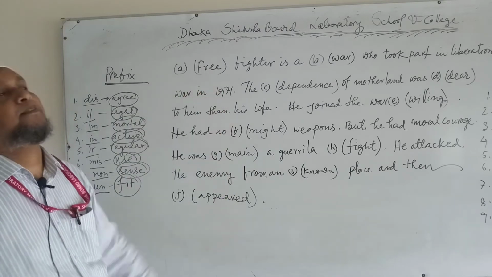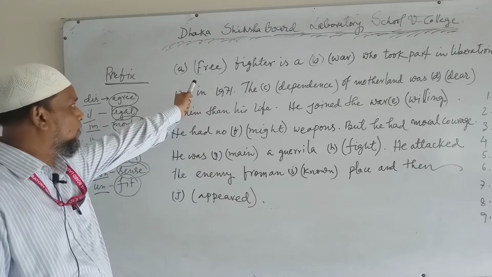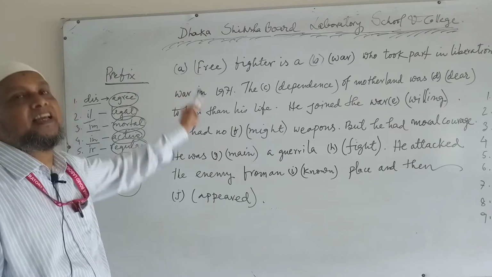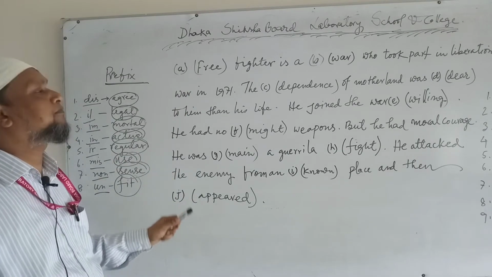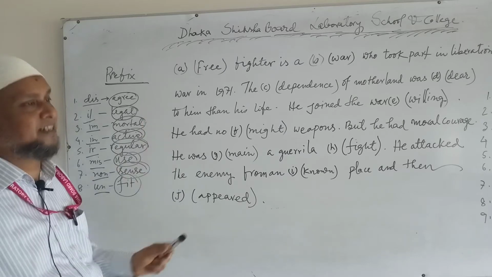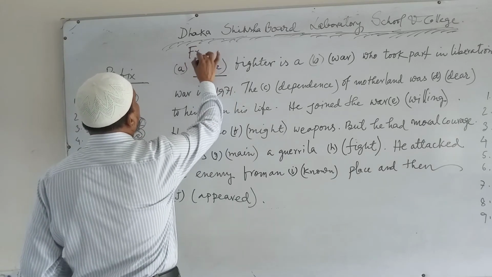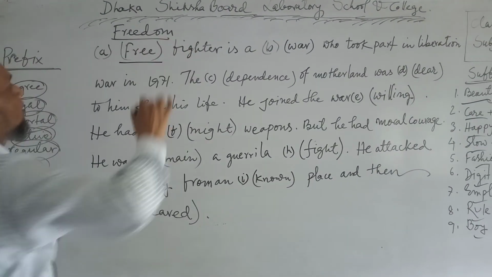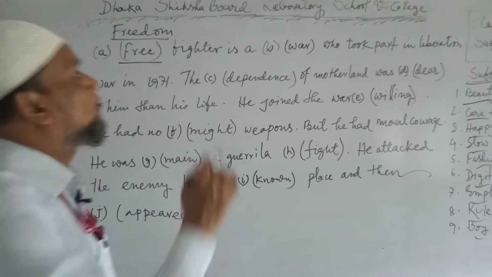Free fighter. Fighter is a noun. Before the word, there is a word free. Actually, at the beginning of a sentence, must have a noun. So, if we want to make it correct, this free would be freedom. This is a compound noun. So, freedom fighter is where?